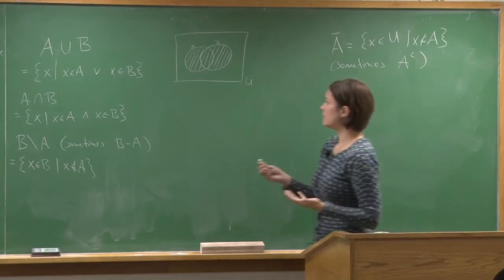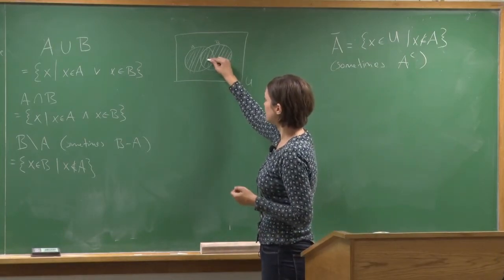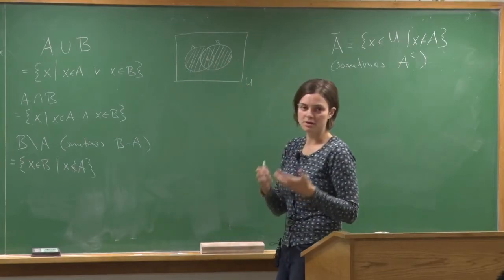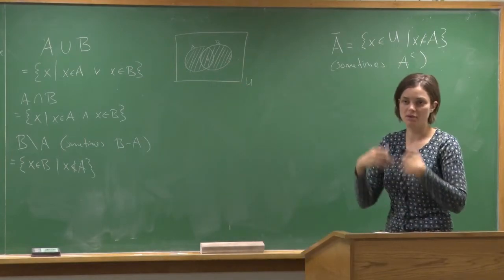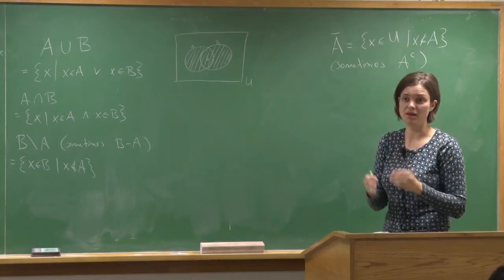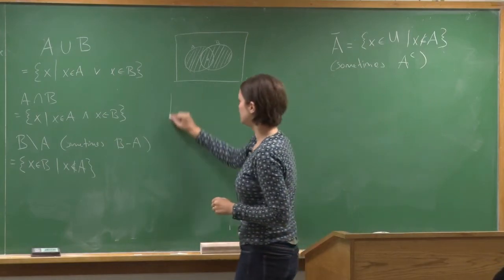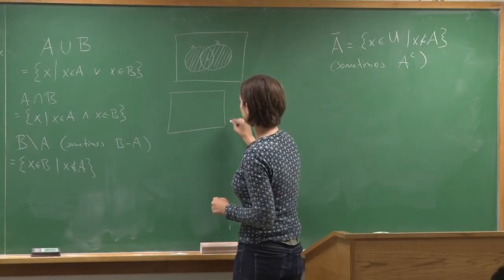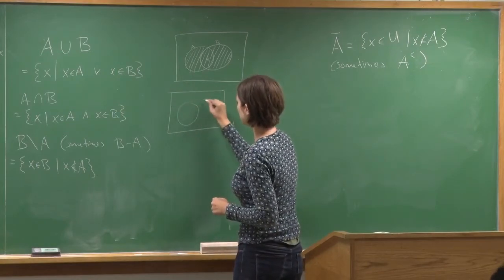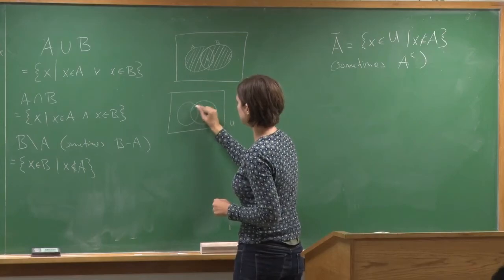So if something is both in A and in B, it's going to be in the union just once still. It's not going to be in the union 2 times because it's in A and in B. Just in there once. So then the intersection is going to be this region.